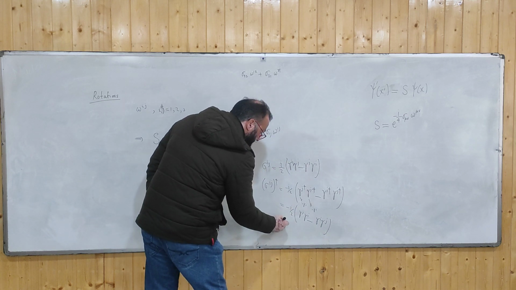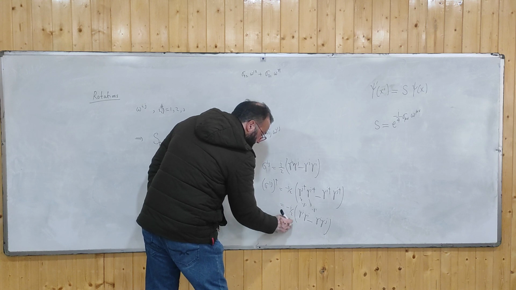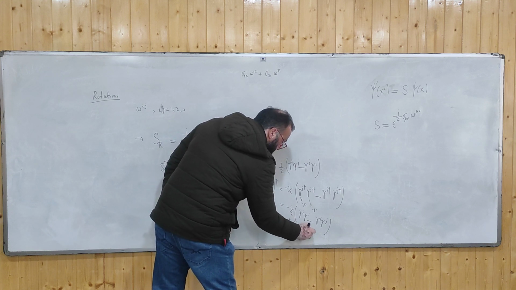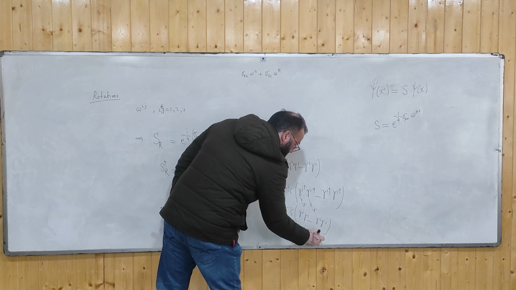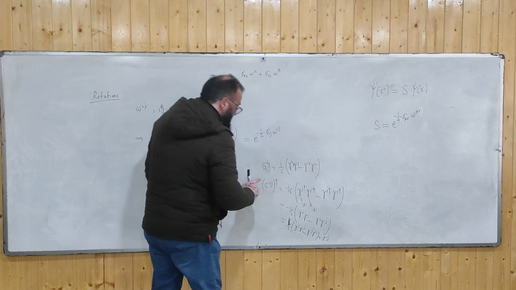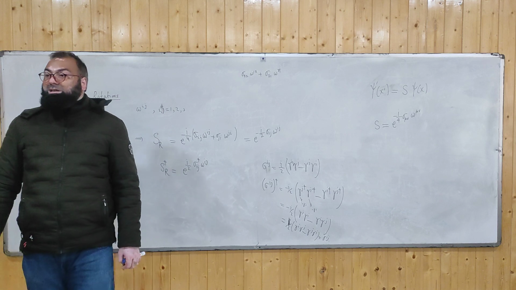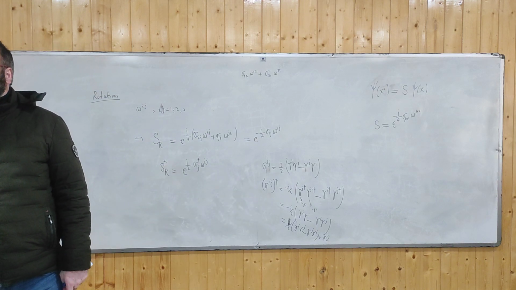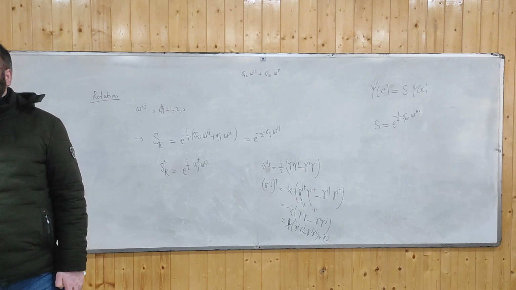Taking the minus inside, it is simply i by 2, gamma i gamma j minus gamma j gamma i, which equals sigma ij. So that means the spatial components of this matrix are Hermitian. Clear? If you take the entire 4 by 4 matrix, containing all the 0 components as well, then it's anti-Hermitian.